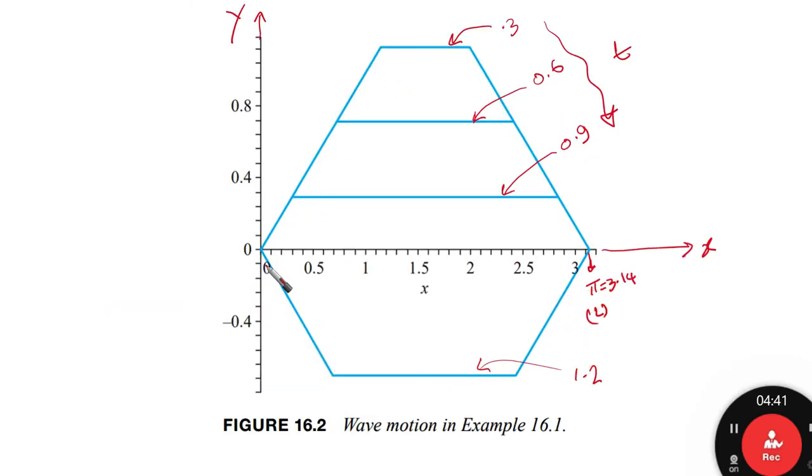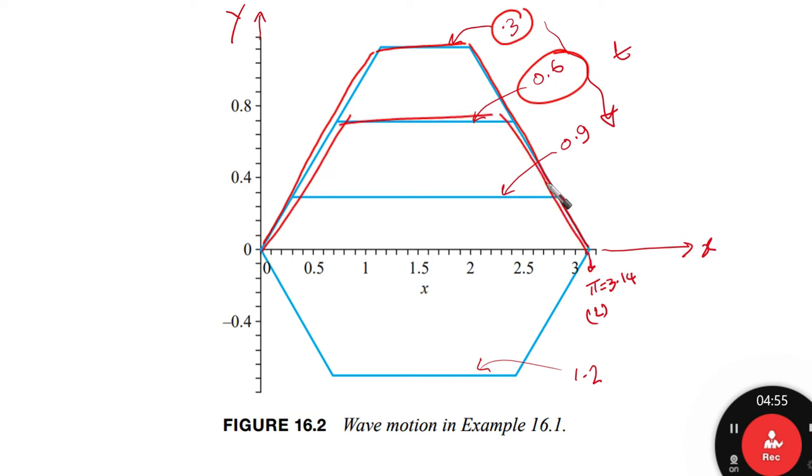As you can see here, this is the shape of the function. At t equal to 0.3, the wave was taking this shape. And then at 0.6, it will take this shape. And then at 0.9, this one. And then at t equal to 1.2, it is going to revert here.